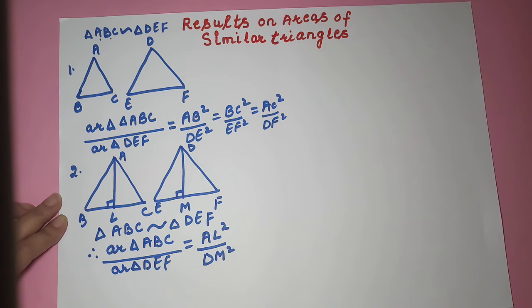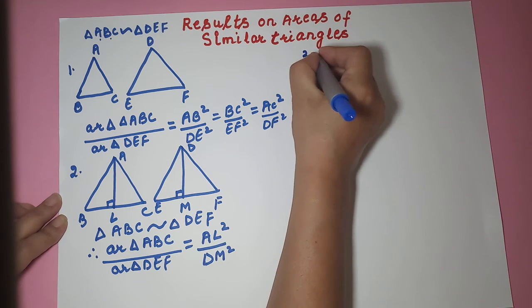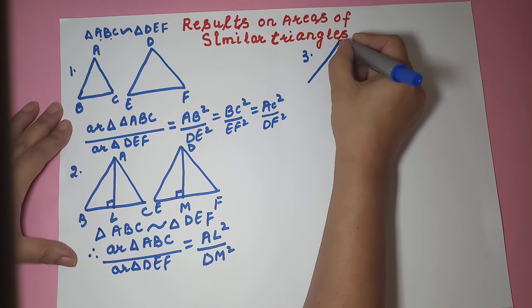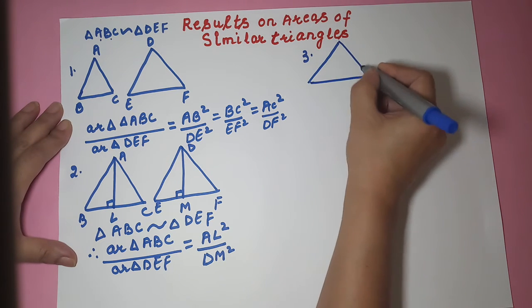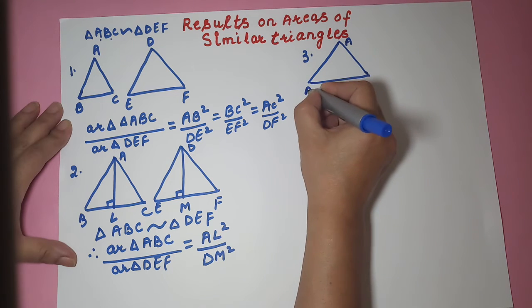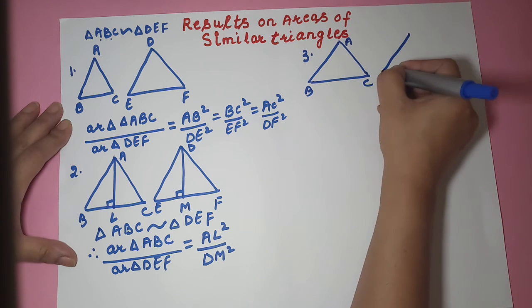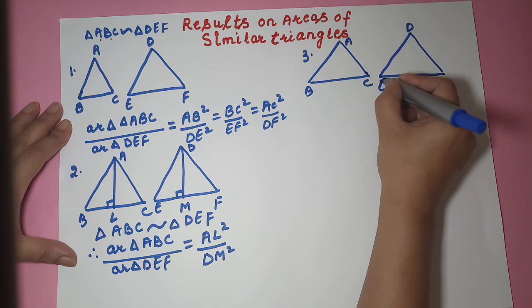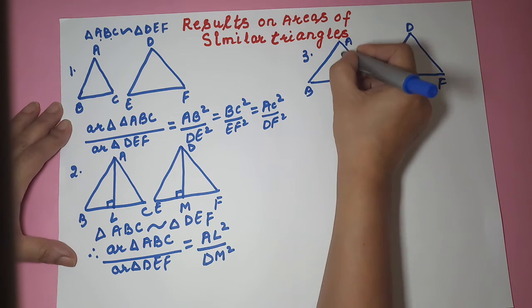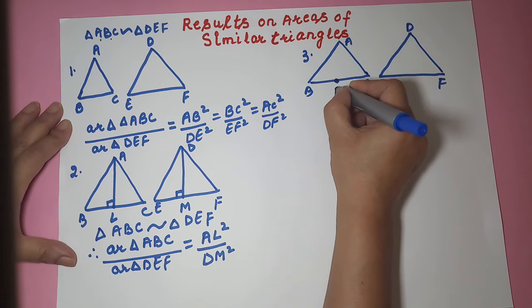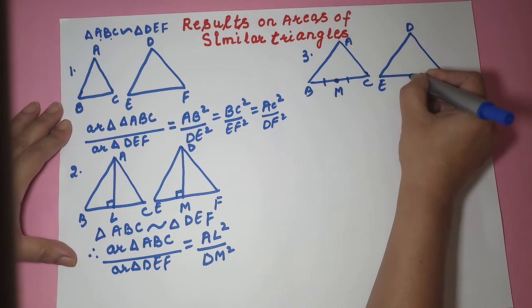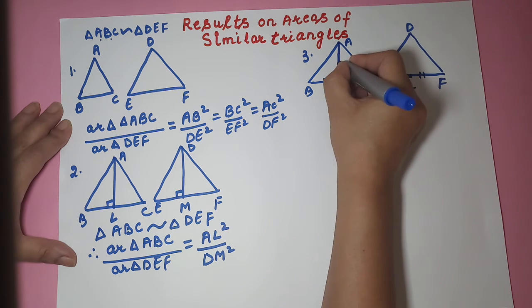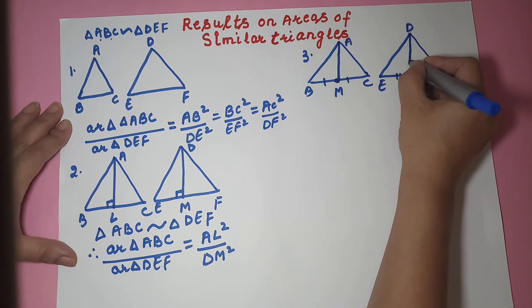Okay, this was second. Now third one is that, again, if you have triangle ABC and triangle DEF, and this time we have AM and DL as medians, right?